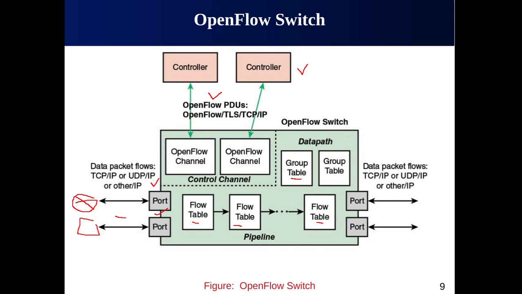It is helpful to define what is meant by flow. We are talking about flow, so what is actually a flow? In the context of SDN, a flow is a sequence of packets that are traversing a network, but those packets must share a set of header field values.